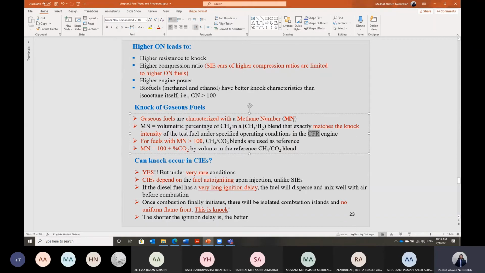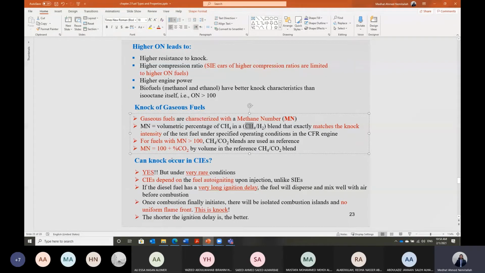Then we record this compression ratio, and we come up with a mixture of methane plus hydrogen. Then we change the composition of methane plus hydrogen until we get the same amount of knock at the same compression ratio. Then the methane number is represented by the percentage of methane in the fuel mixture that results in the same amount of knock at the same compression ratio.